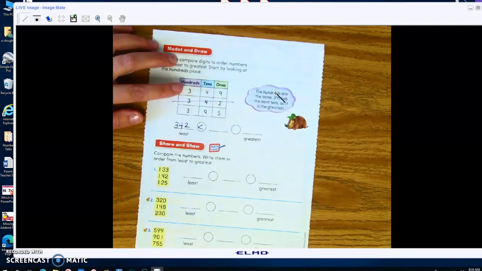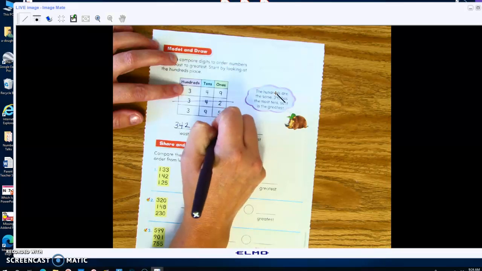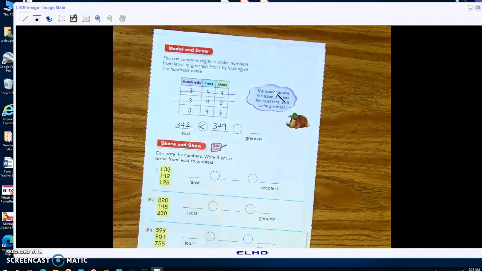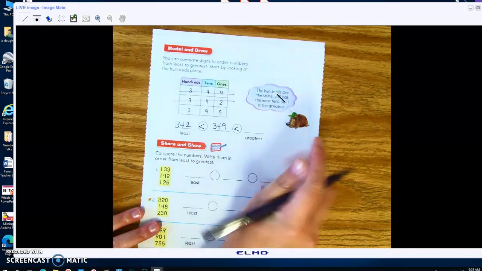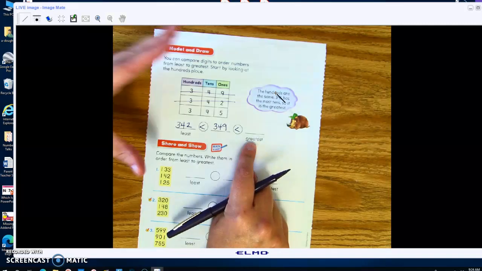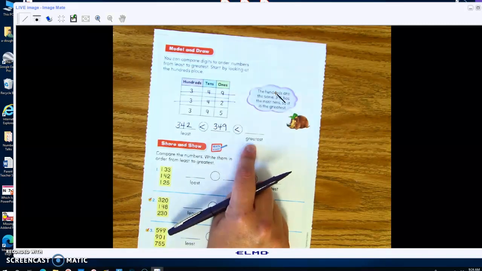So now I'm going to write this number, 349. I'm going to cross that one off. Now we're still going to show less than, because my biggest number is going to be at the end, and the alligator really wants to eat it.